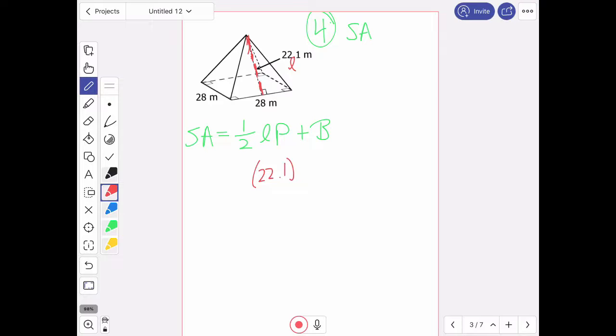The perimeter is coming from the perimeter of the base, so 28 plus 28, this side is also 28, this side is also 28. So 28 times 4 will give me my perimeter of 112.